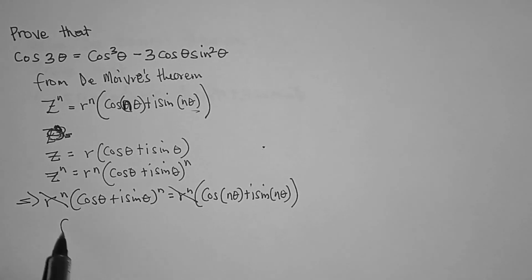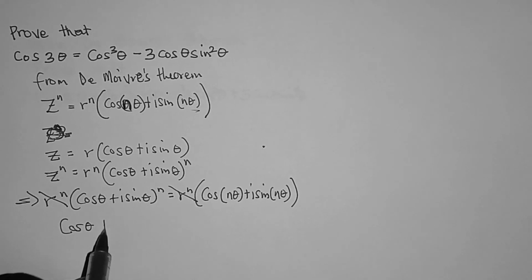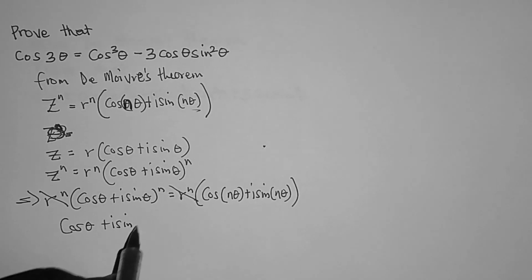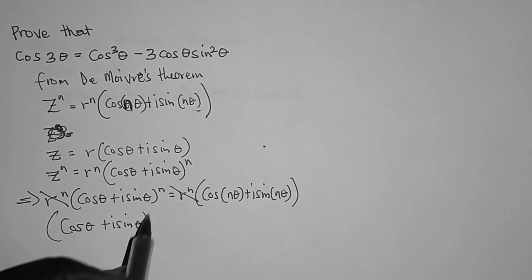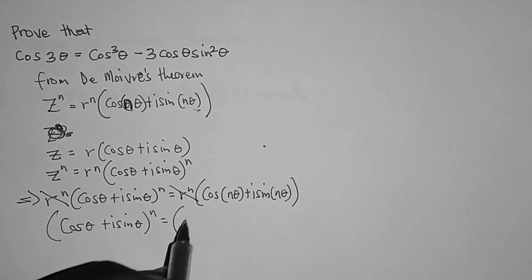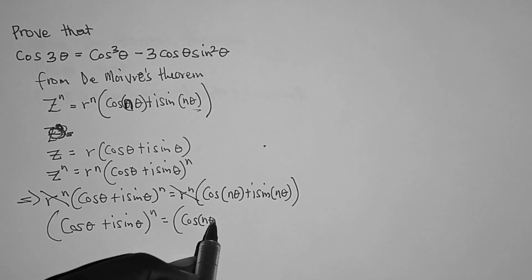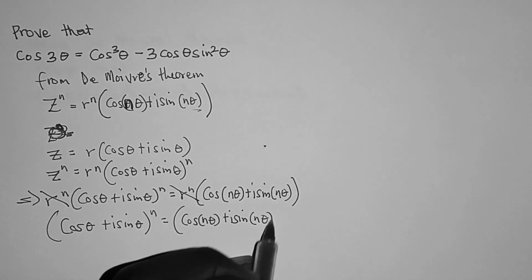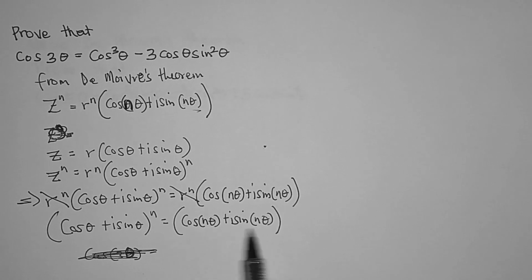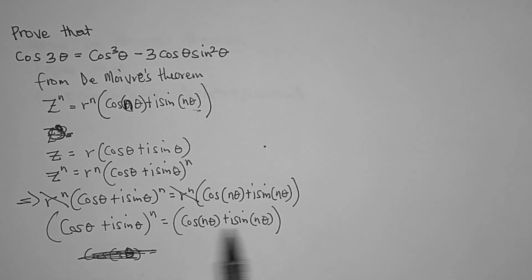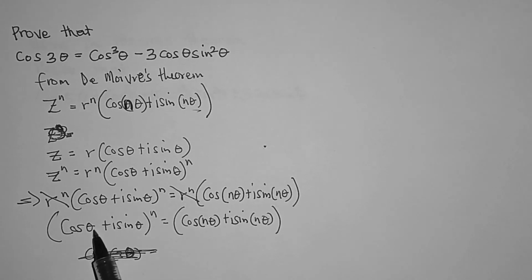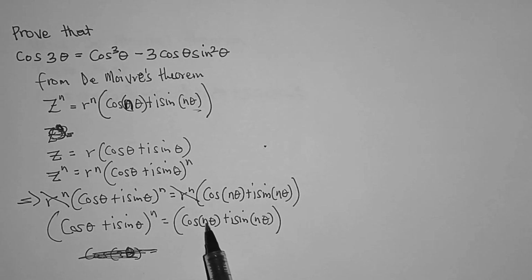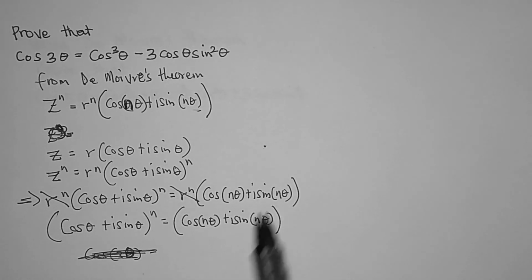At the end of the day, we have (cos theta plus i sine theta) to the n is equal to cos n theta plus i sine n theta. So from here we can see that cos n theta plus i sine n theta is equal to (cos theta plus i sine theta) to the n. In other words, you just move n to the top.